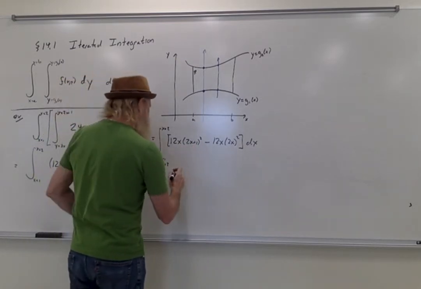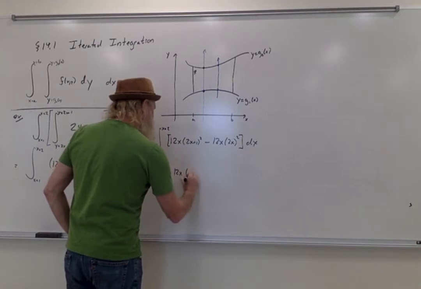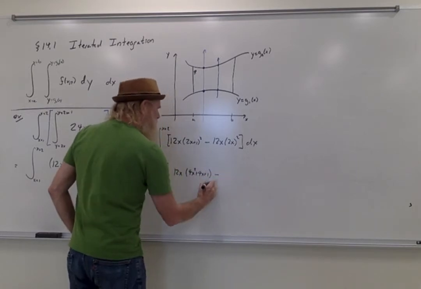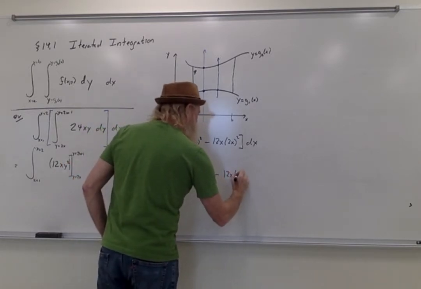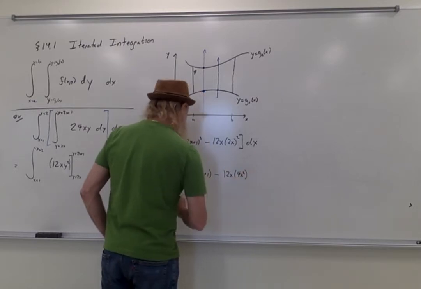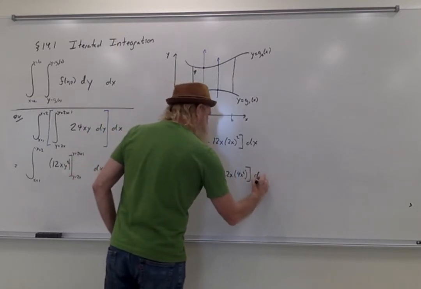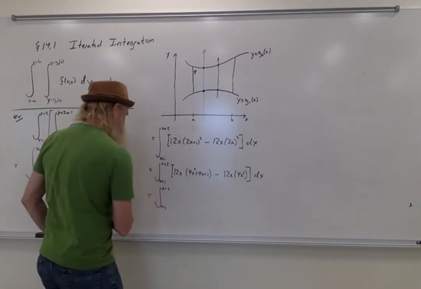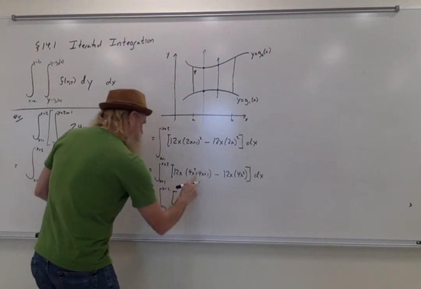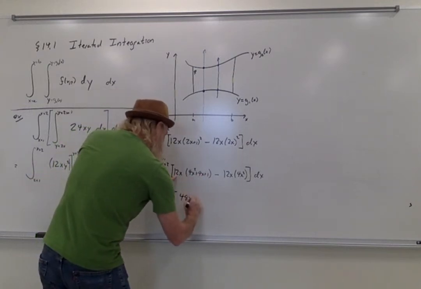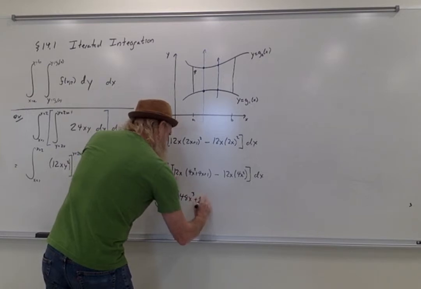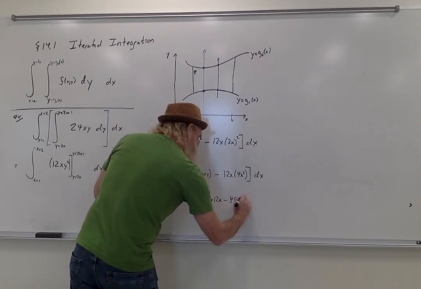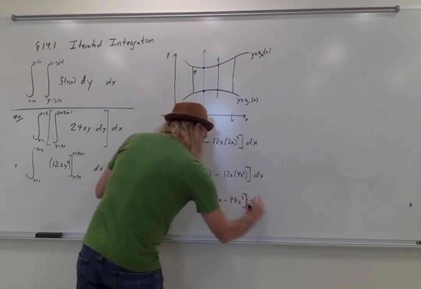So distributing here, I'll have 12x times 4x squared plus 4x plus 1 minus 12x times 4x squared, and distributing some more, I have 48x cubed plus 48x squared plus 12x minus 48x cubed dx.